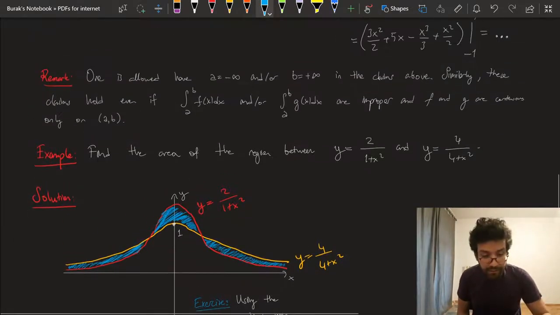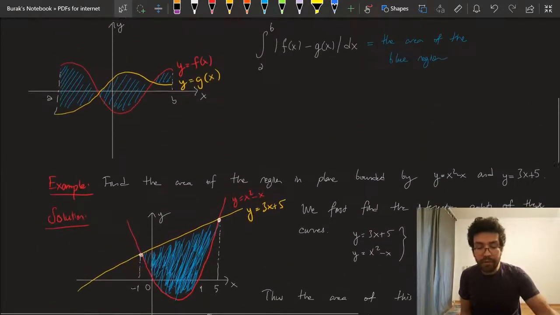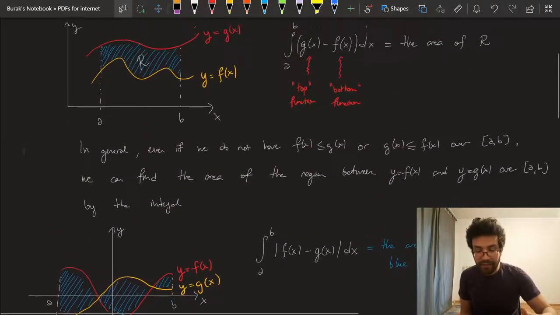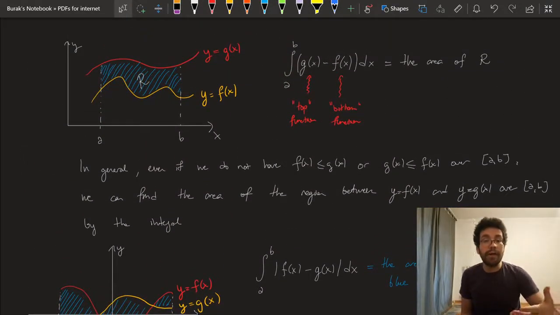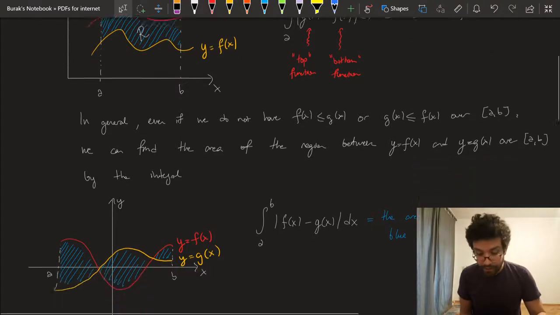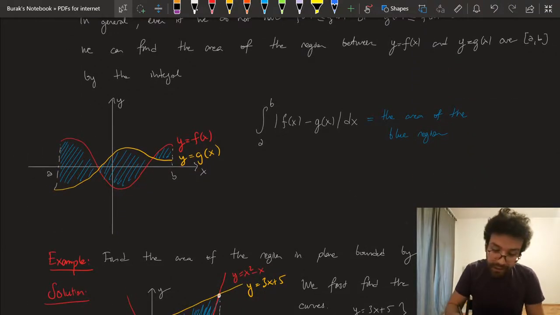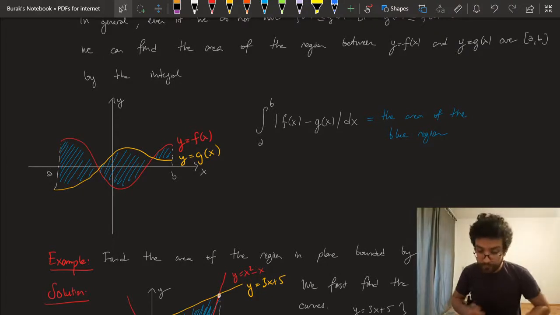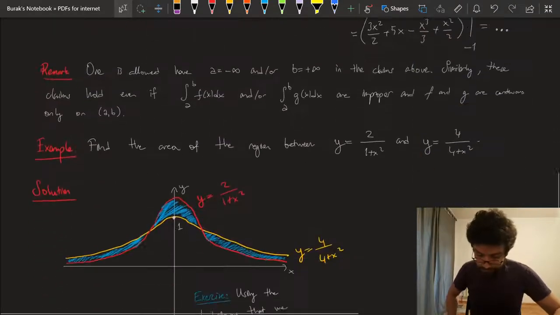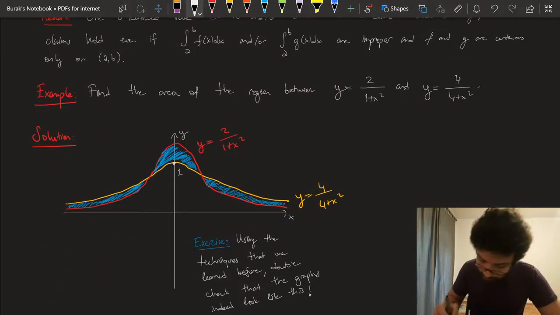This remark says that whatever we did over here is true in the cases where we end up having improper integrals. In particular, over here I can have a to be minus infinity, b to be plus infinity, and so on. So let me write the following.